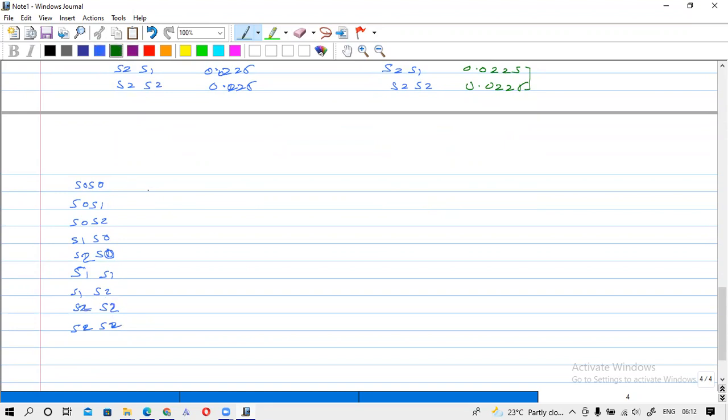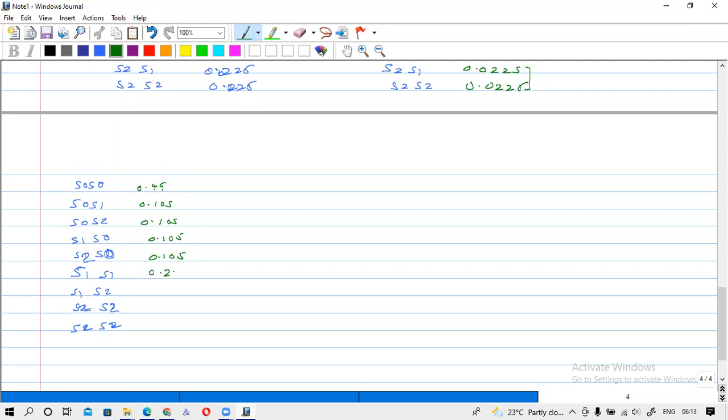So the probabilities are: this will be 0.49, this will be 0.105, this will be 0.105, this will be 0.105, and also this will be 0.105, correct?